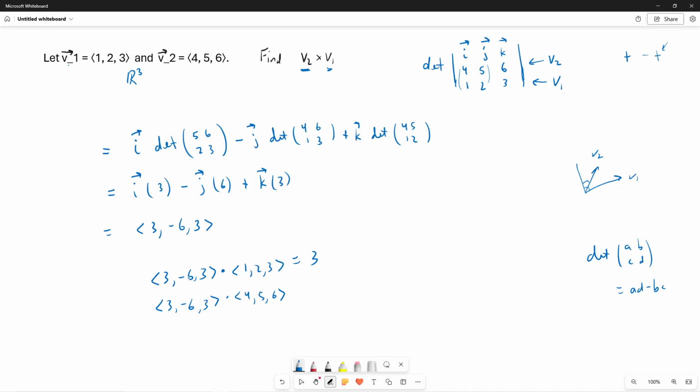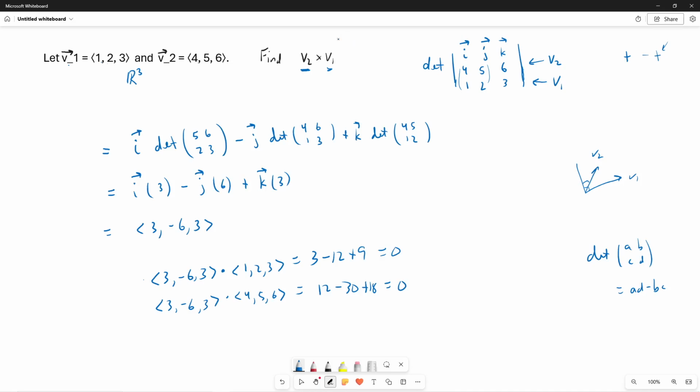Negative 6 times 2 is negative 12. 3 times 3 is 9. 12 minus 12 is 0. And here, 12 minus 30 plus 18. 12 and 18 are 30, minus 30 is 0. So this vector is perpendicular to both of these vectors, and that's what the cross product does for us.